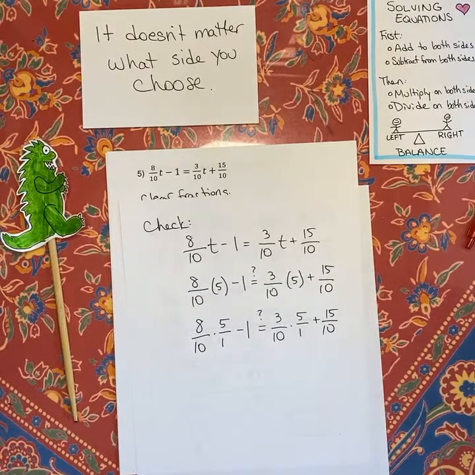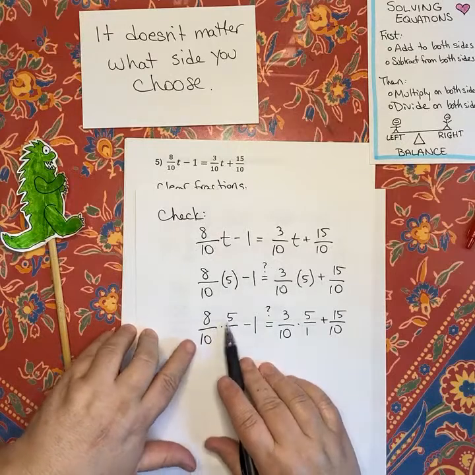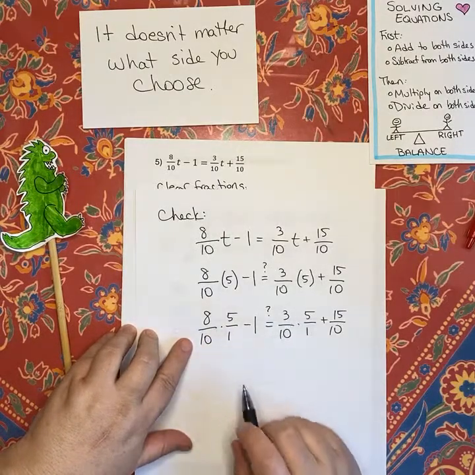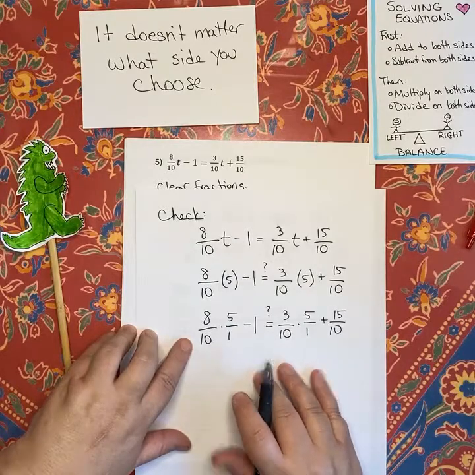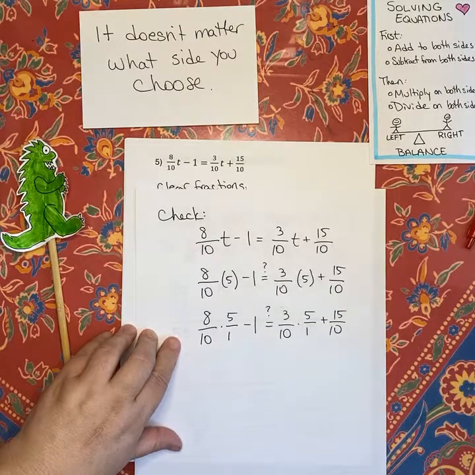Now, am I going to simplify? Because I could reduce, right? The 5 and the 10 cancel. I could. I have to decide whether I want to. Everything is in tens, so if I cancel, I might have a problem.